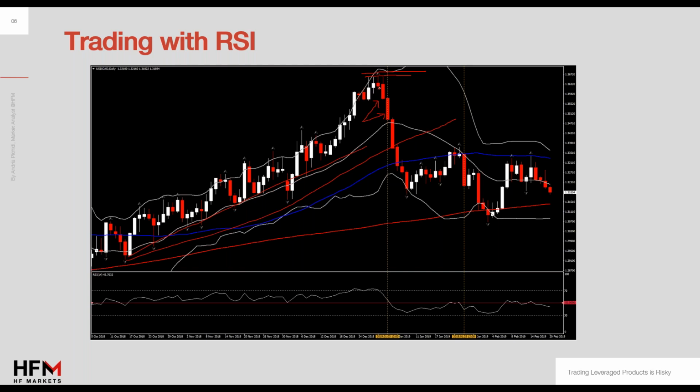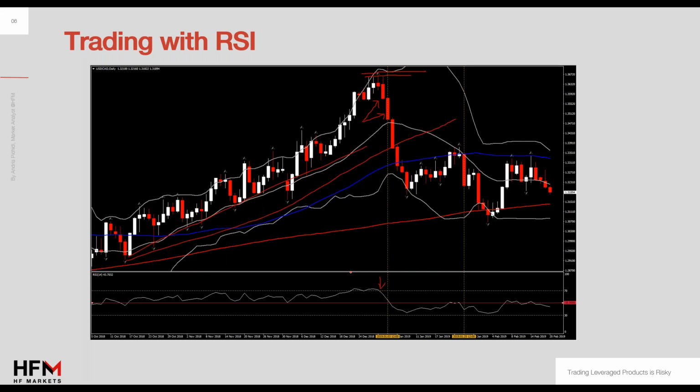When these two candles confirmed, we started seeing at the same time the RSI pointing lower. It was in the same territory, but it started slowing down and moving lower. So we have two really strong bearish candles.